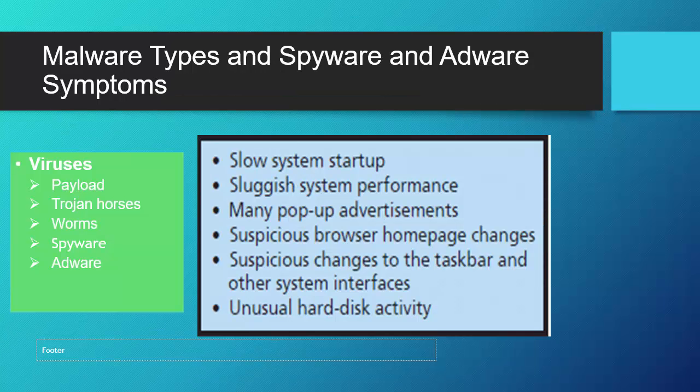In terms of malware types and spyware and adware symptoms, the things you need to look out for in terms of what may become a virus, one is a payload, and that's a program that causes some kind of unwanted activity. Could be that it deletes a program or it modifies the data and you don't even know about it. There's also spyware that's installed on your computer without your permission.